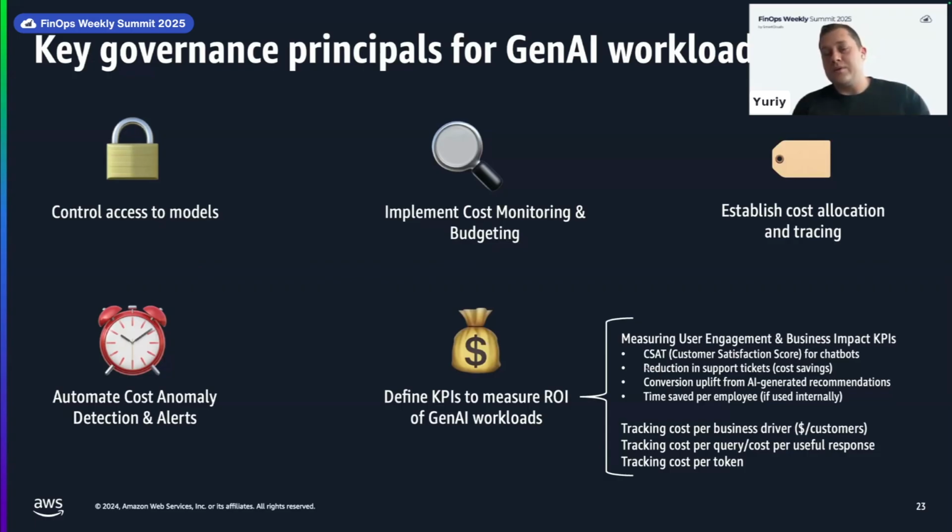Track cost per token, which I showed we have in Kudos, for example. And then also measure different business impacts of your generative AI workloads, like did we manage to reduce the number of support tickets or improve people's engagement due to the implementation of generative AI applications? Did we manage to increase sales from AI-generated recommendations, or did we manage to save some time per employee?